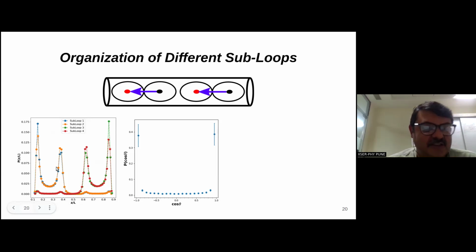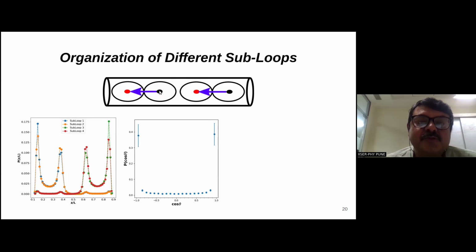This data was collected over many independent runs. And sometimes even polymers can interchange position. But over and above all this, what you see is basically that these loops segregate entropically and remain well separated along the length of the cylinder.